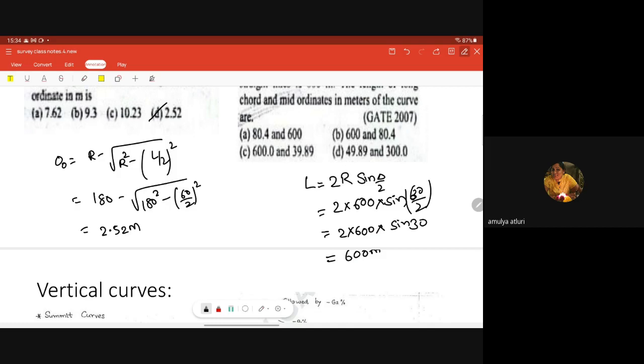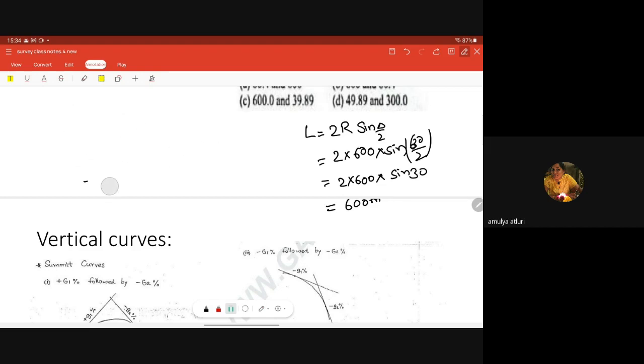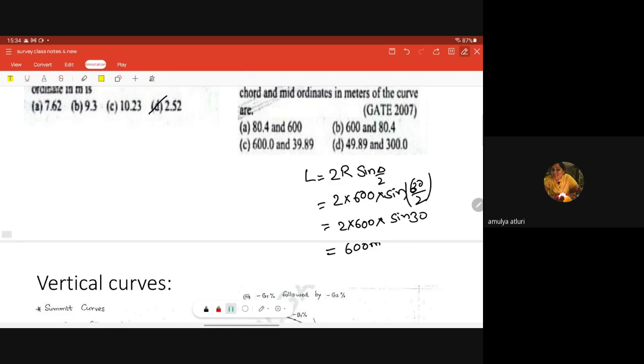Next, they are asking for the mid-ordinate in meters. So what is the formula for mid-ordinate? Mid-ordinate is equal to R into 1 minus cos delta by 2, as we have seen.